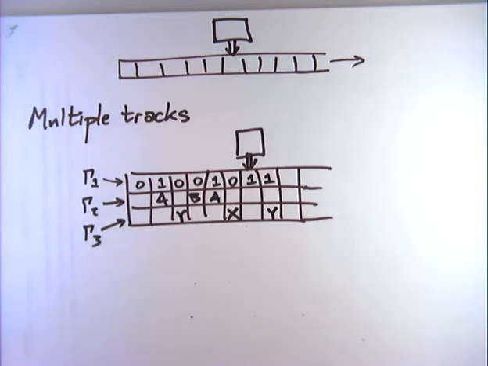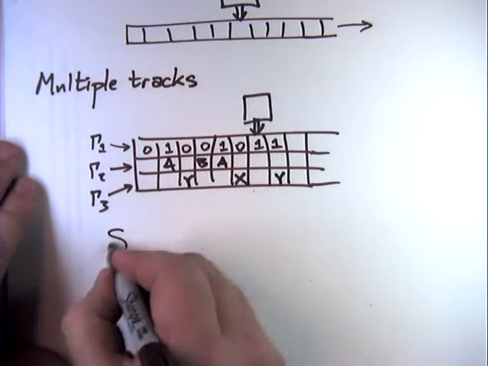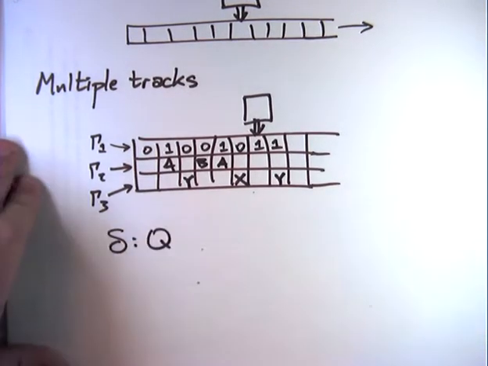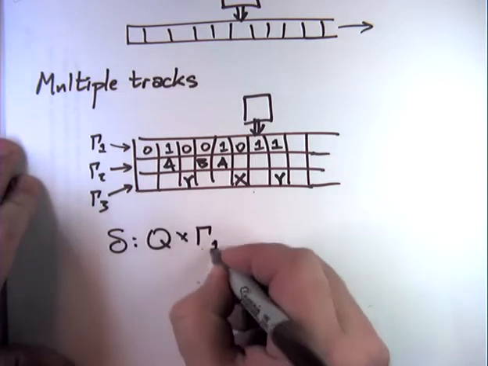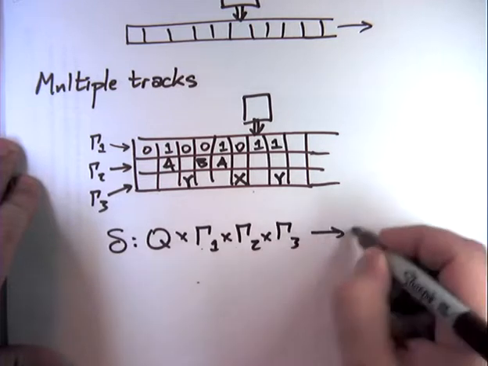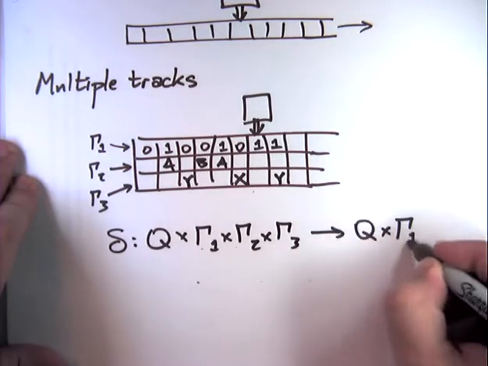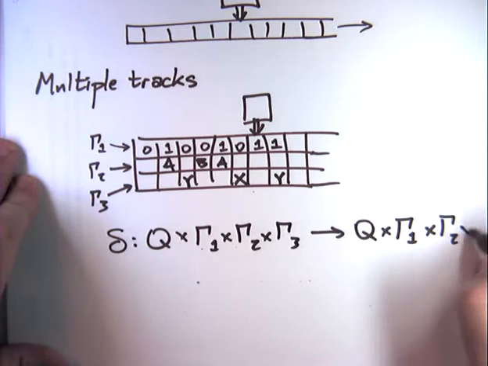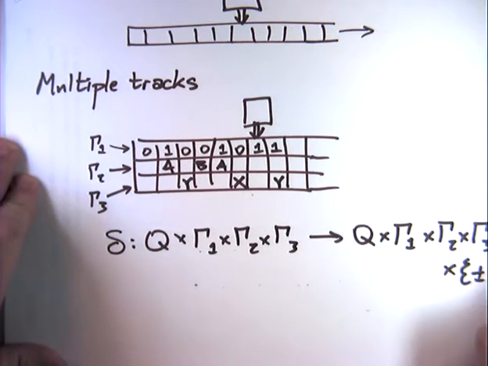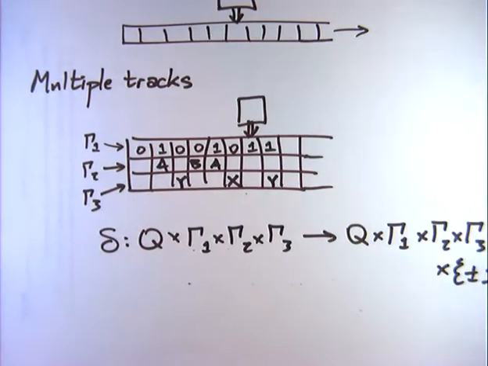And each one of these 3 tape alphabets has its own blank symbol. Then for a machine that has multiple tracks, the transition function, instead of taking a state and a single symbol, would take a state and a symbol from track 1, and a symbol from track 2, and a symbol from track 3, and it would return a new state, and a new symbol to write into track 1, and a new symbol to write into track 2, and a new symbol to write into track 3, and something to do. Okay?